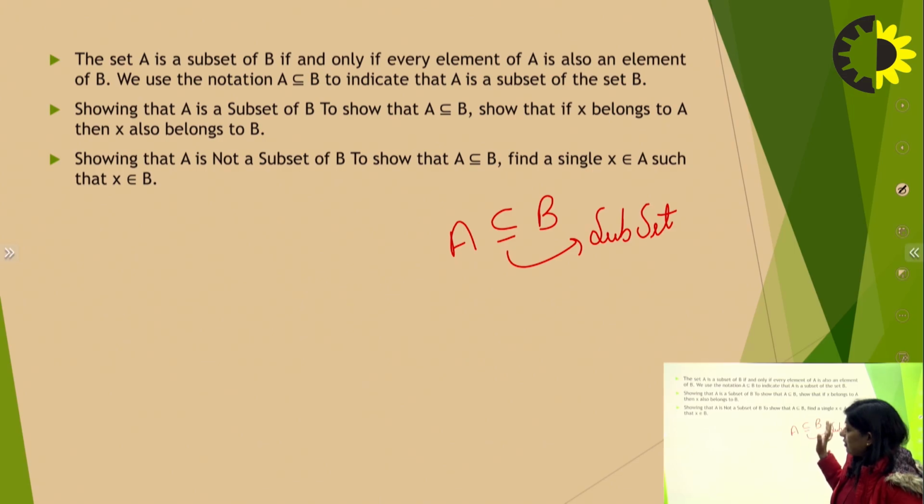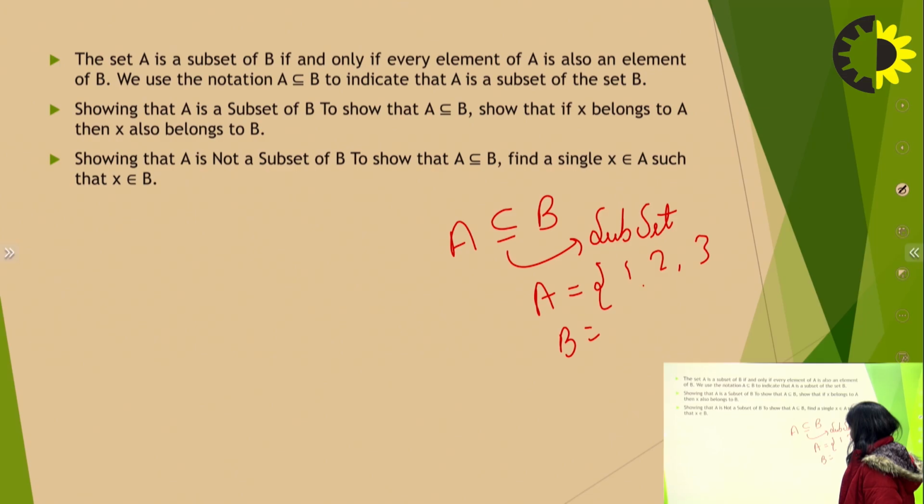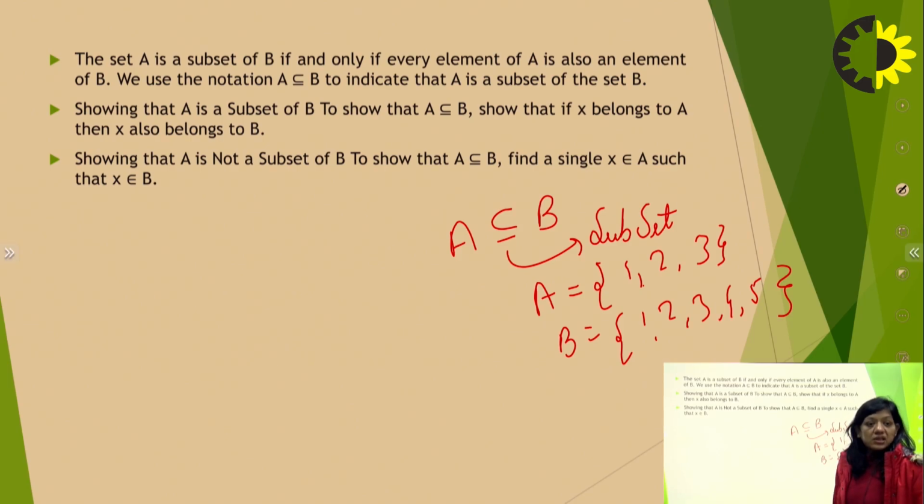The set A is a subset of B if and only if every element of A is an element of B. If this condition is true, then we can say A is a subset of B. We have two sets, A and B. In set A, we have elements 1, 2, 3.